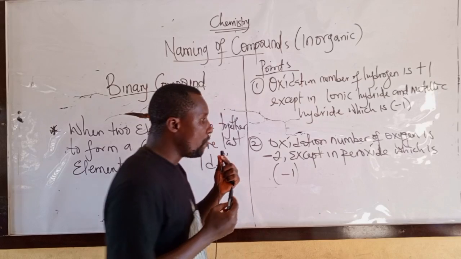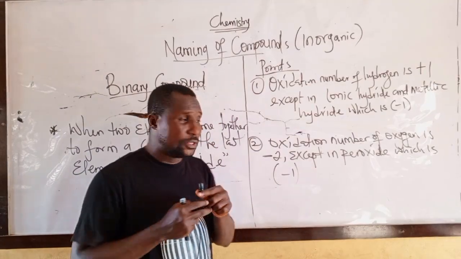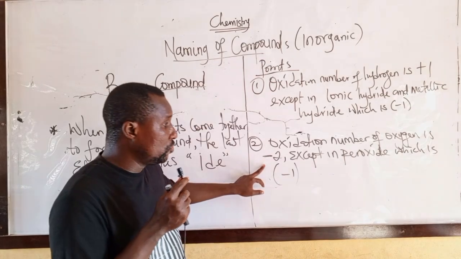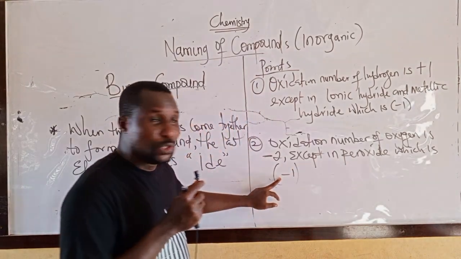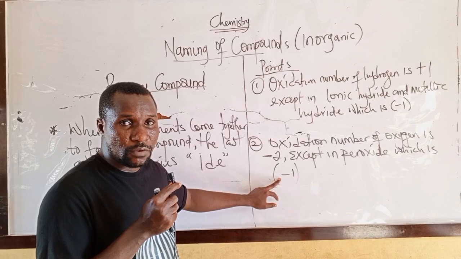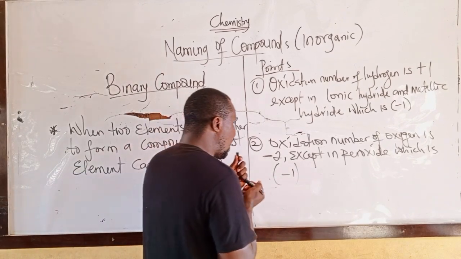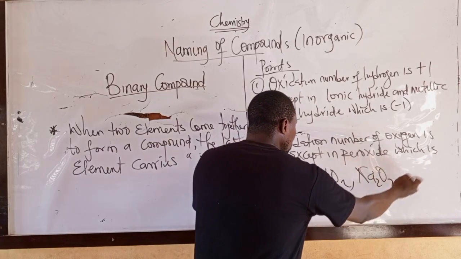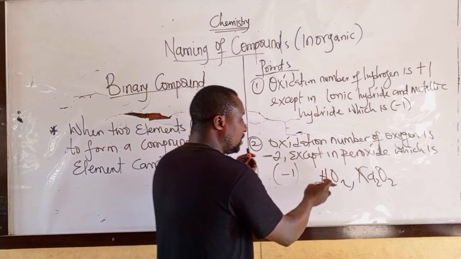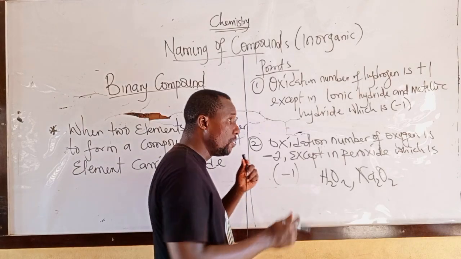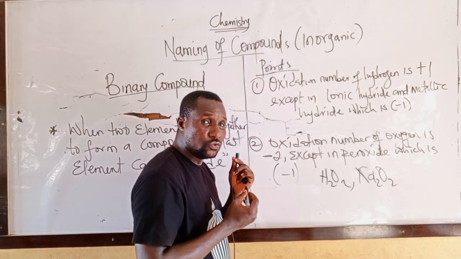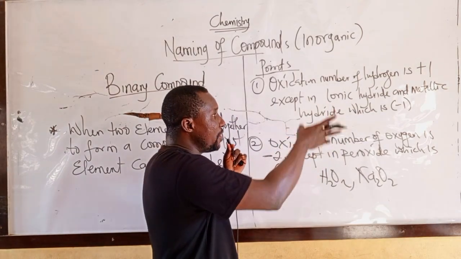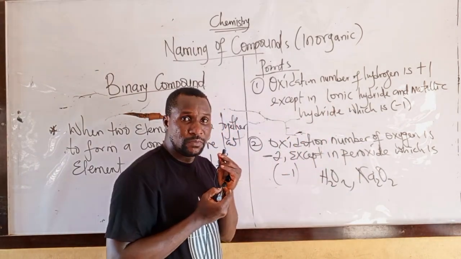The oxidation number of oxygen in all compounds is -2, except in peroxide, which is -1. Examples of peroxide are hydrogen peroxide and sodium peroxide, where the oxidation number of oxygen is -1. But in other compounds it is -2. Hydrogen is +1, except in metallic hydride or ionic hydride, which is -1. Take note of that.